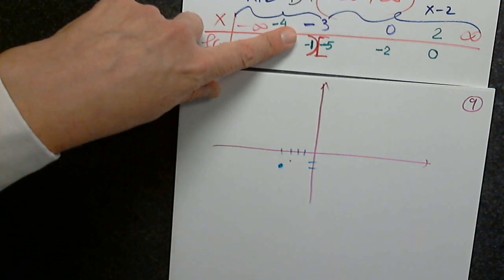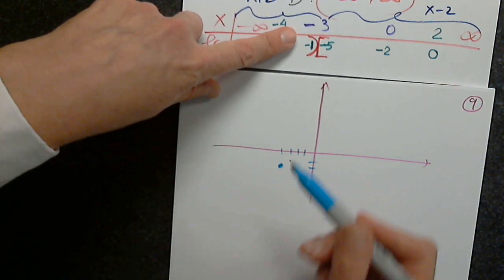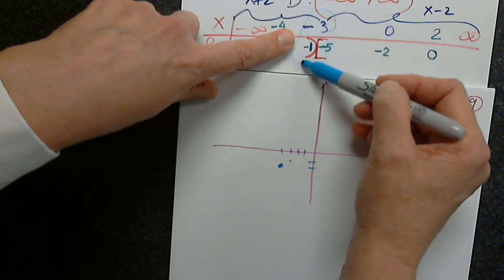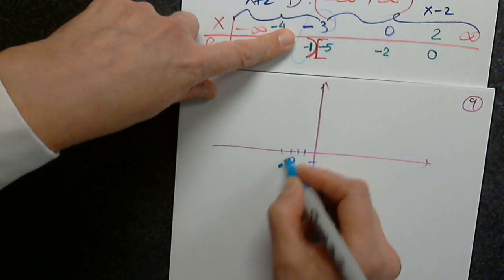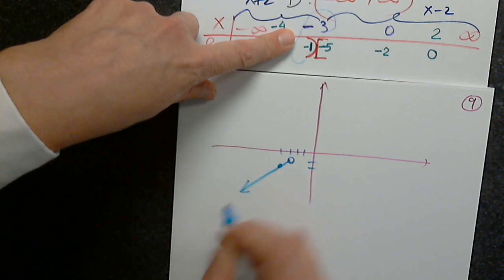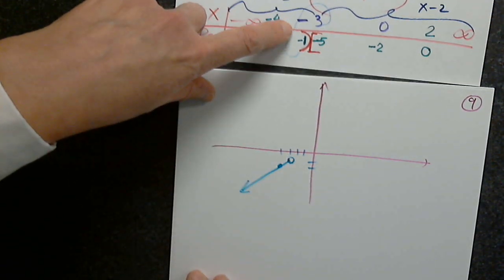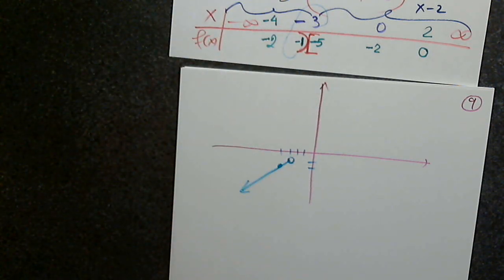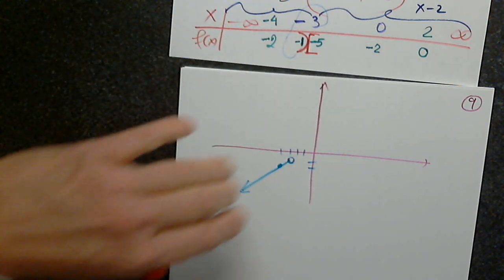Good. Now I have to decide what type of point is this, because I'm not really allowed to plug in -3. So what kind of, exactly, it will be an open point. I crossed on the other side. Please give me the next ordered pair. I'm not looking back.